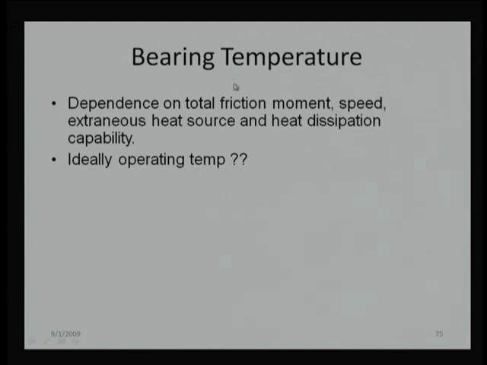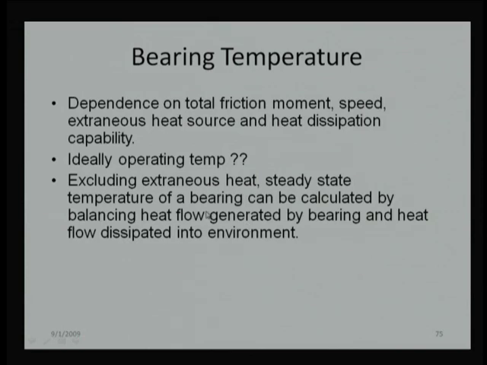That's why many times bearings fail instantaneously if they are not properly mounted, if the friction is not controlled properly, if the temperature is not controlled properly. So in this case, what we need to find out is the operating temperature. Ideally, the operating temperature should be within a few degrees, or we say the increase in the temperature should be within a few degrees, or slightly more than the atmospheric temperature.